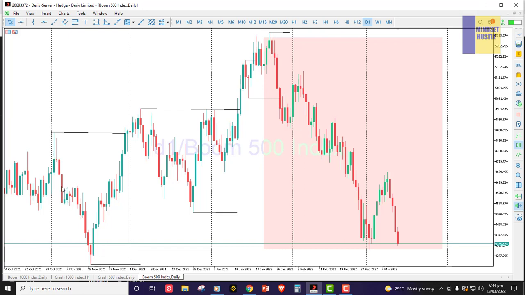What happened within here, when you go to the lower time frames like H4, H1 and so on, are major structure on those time frames, which you can trade based on those time frames' direction at that particular period in time. So this is why we have this internal structure.